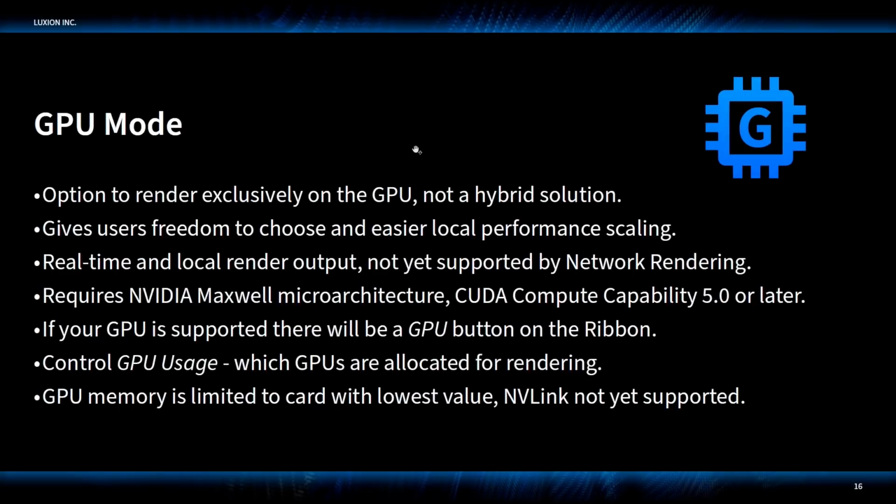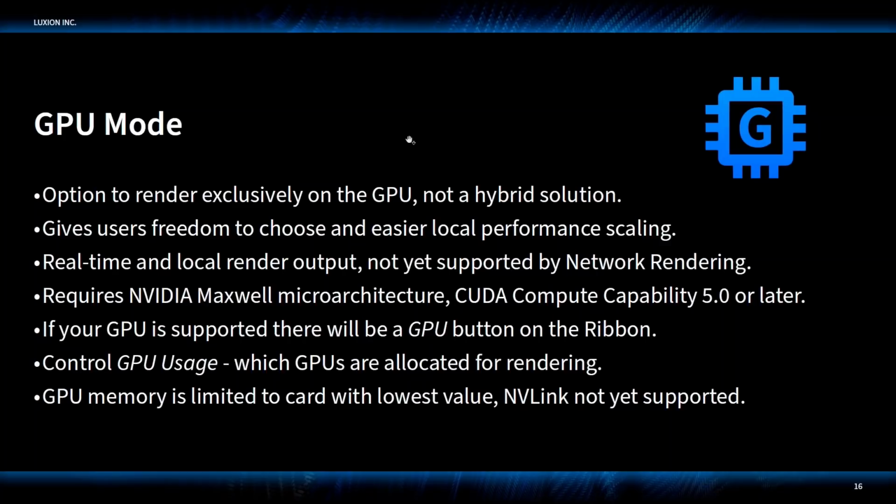So GPU mode, this is an exciting one. For the first time in the history of KeyShot, you can now render on the GPU. And this is exclusively on the GPU, so not a hybrid solution combining CPU and GPU. This is rendering exclusively on the GPU, and it gives users freedom to choose based on the hardware that you have invested in.